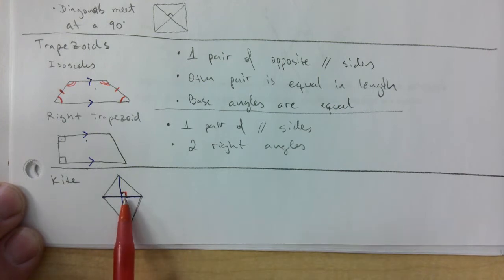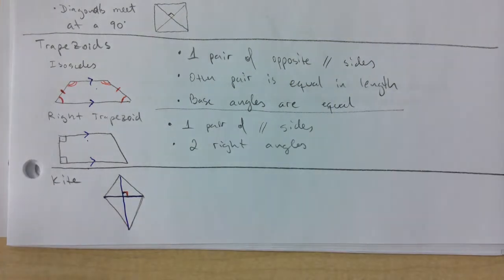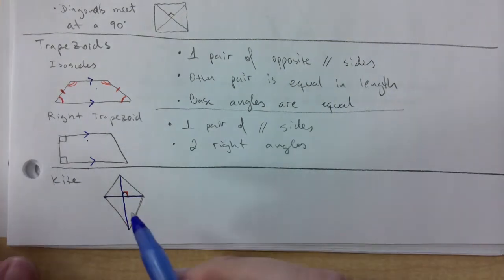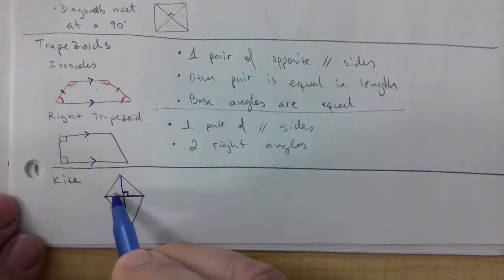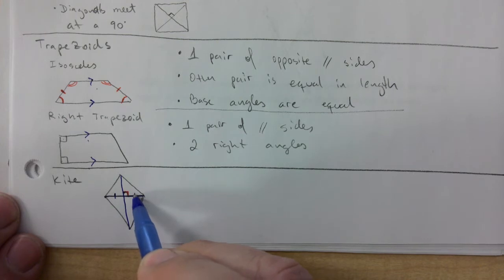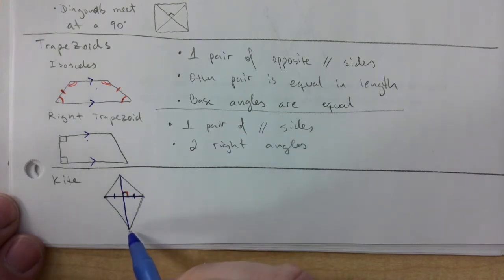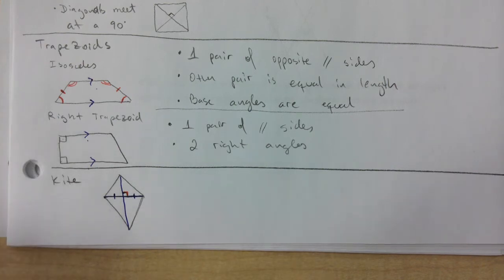That's very important. That's why I used a red marker to mark that they meet at a 90. That's very unique. The only diagonal that gets cut in half is the one that goes from side to side. The long one here does not cut in half. You can actually see that in the diagram. Okay.